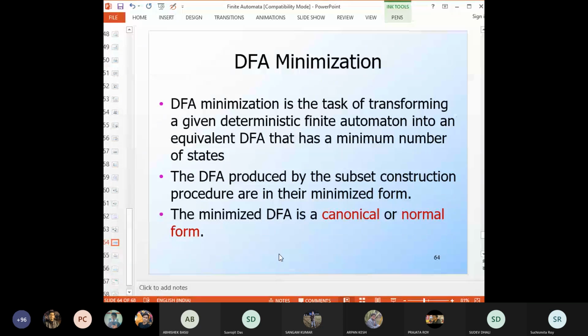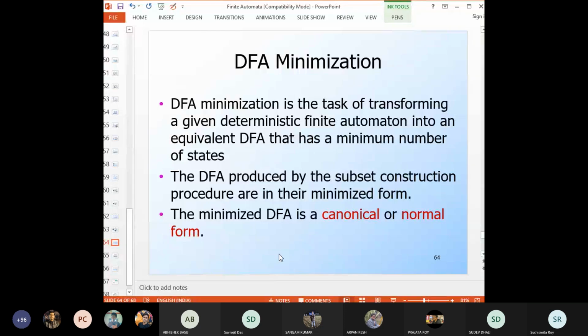Now, why is it important to do DFA minimization? Please remember, the minimized DFA is actually a normal form or a canonical form. Now, I have already told you what is a normal form. Suppose I give all of you a particular language and I ask you to create a finite automata. All of you are going to give me different finite automatas.